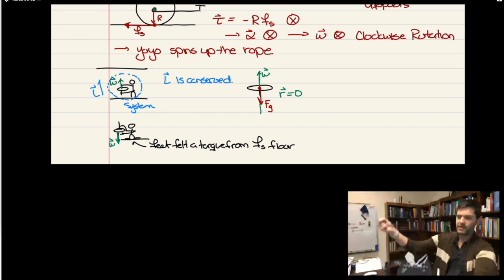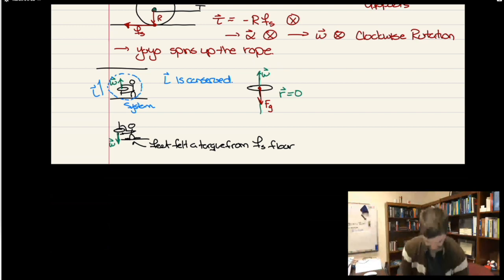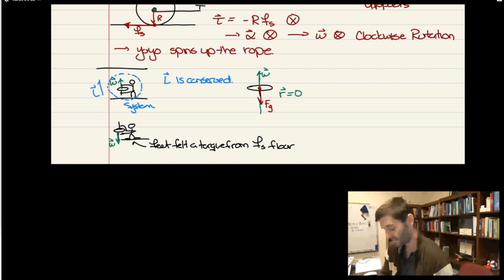By rotating the wheel, I torqued the wheel, the wheel torqued me, my body wanted to start rotating as a result. But then friction from the floor essentially balanced it out and prevented me from rotating.